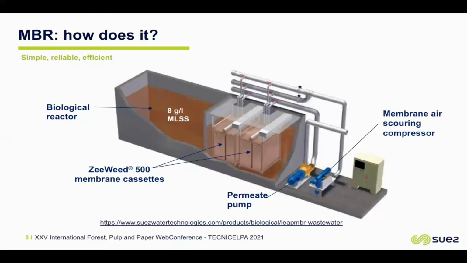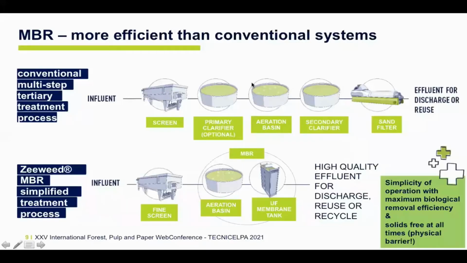This is the specific model we have for wastewater treatment, and the models, the hollow fibers, are structured in the membrane cassettes. We have the pump to suck the permeate. The flow will be outside in, and we also have a pump for the membrane scouring air, a compressor. In the link below, you can later on click and see the functioning of the membranes.